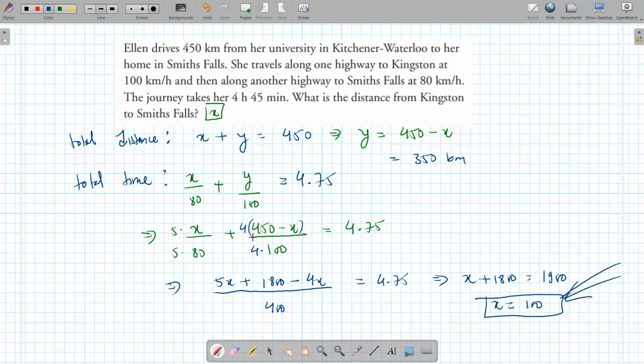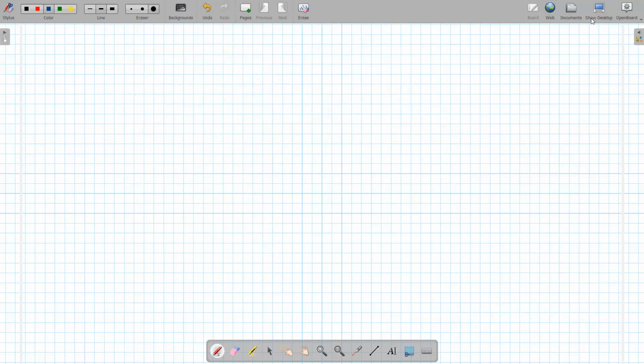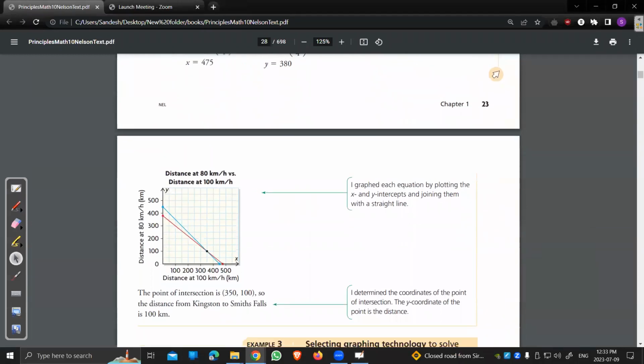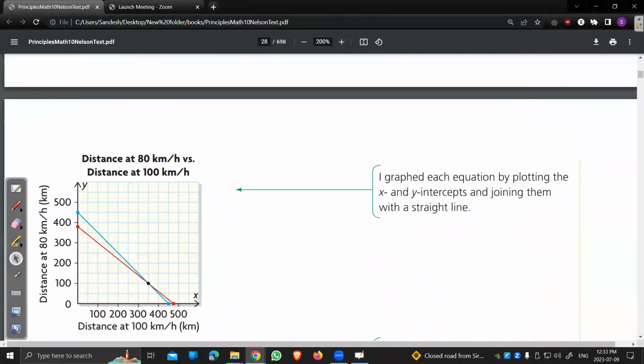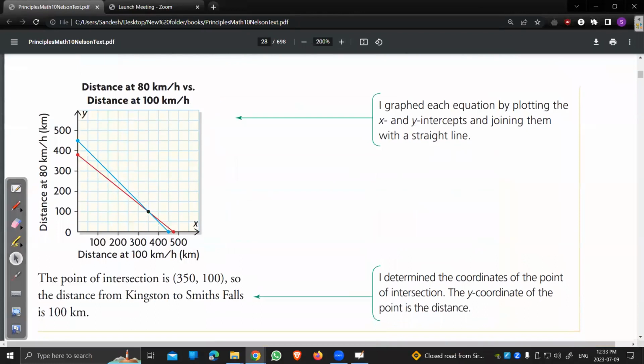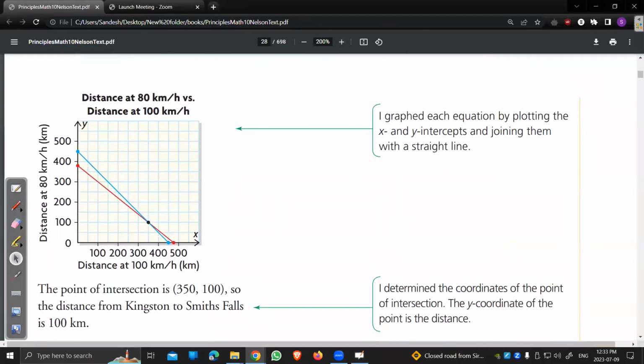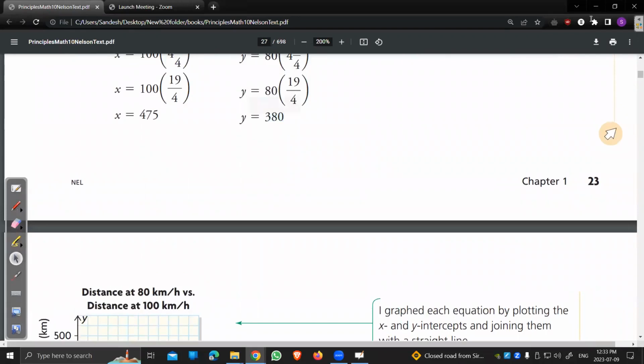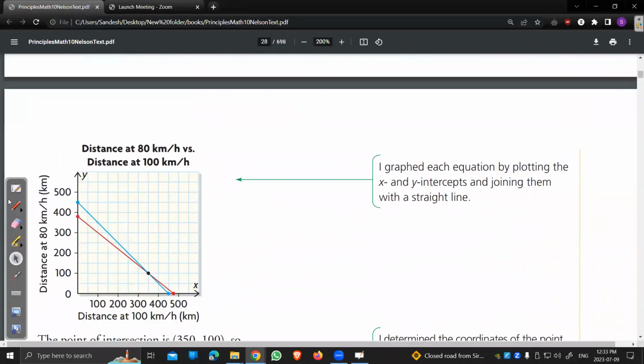This question, a little bit tricky. You need to know some things about distances, and you need to know how to solve a system of linear equations. They graphed it, but the approach with this one is that it's not very precise, you know? Like, where's 380? Where's 475? Especially when you're going up on scales of 50 here, each box represents 50.